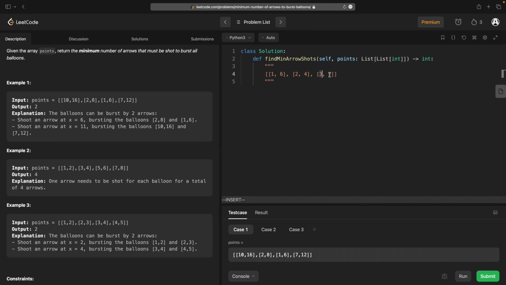No, hang on. Let's put that at [5,7]. So if we do this one here, this collects everything starting at 6. No, hang on.